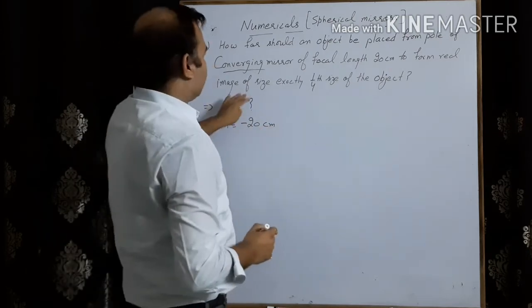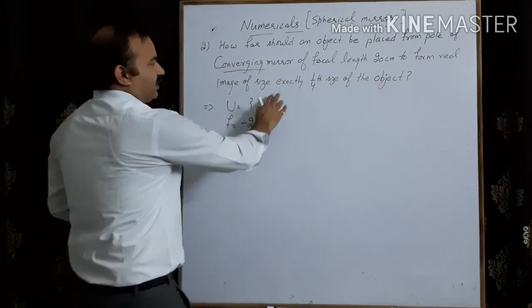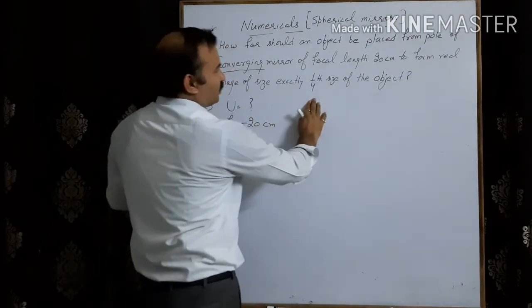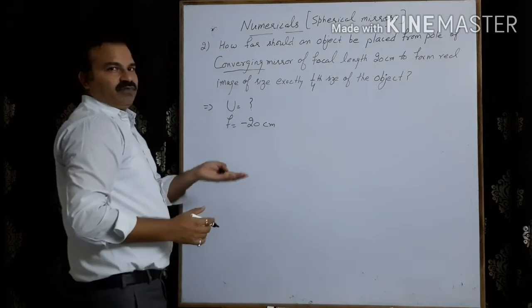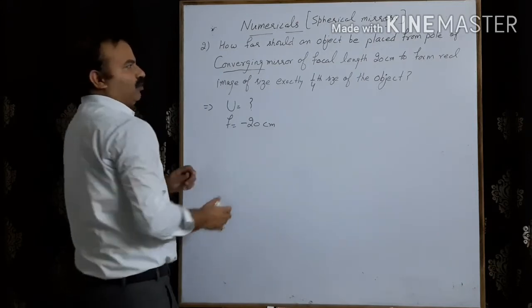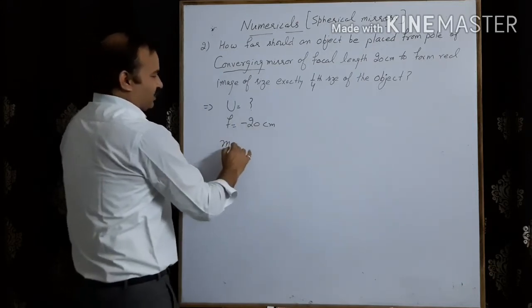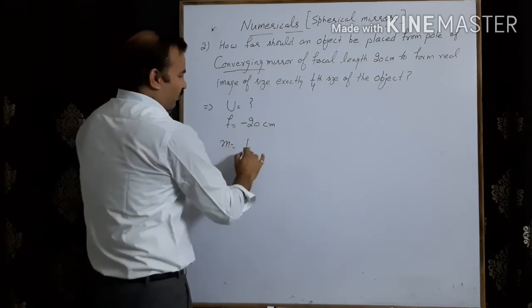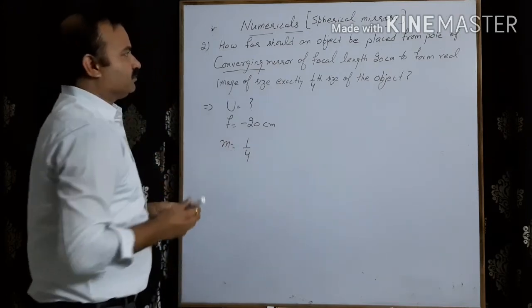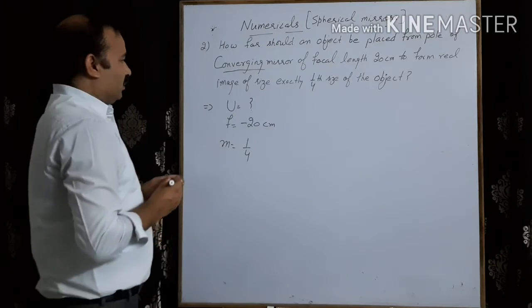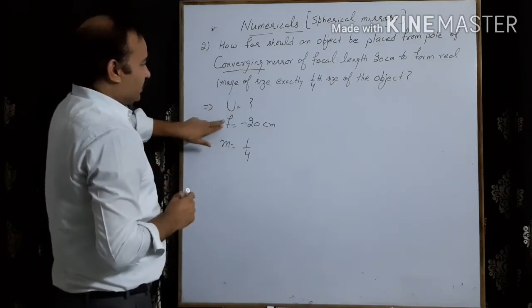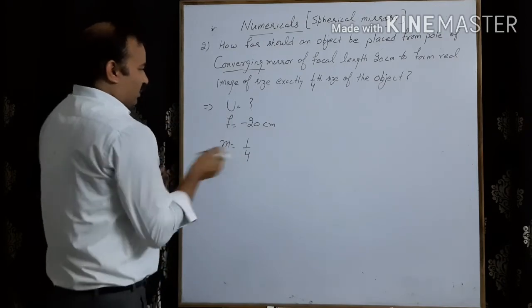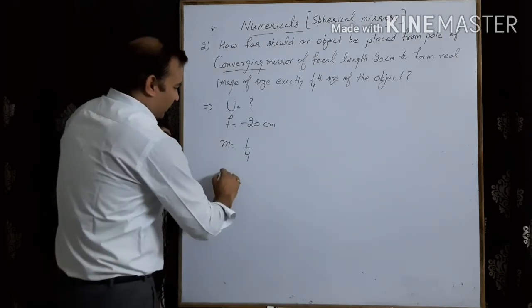To form a real image of size 1/4 of the object. It means if we compare the size of an image with the object, that is magnification, that is equal to 1/4.